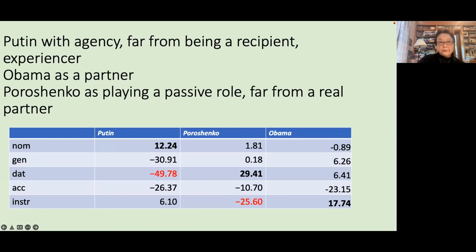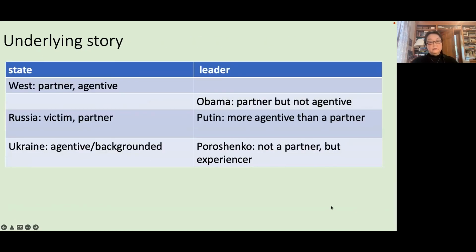So when we put all these things together, you can construct an underlying story. On the left-hand side, you have the state. On the right-hand side, you have the political leaders.